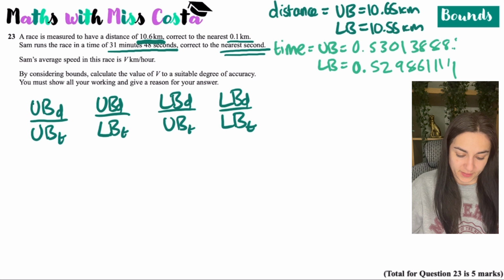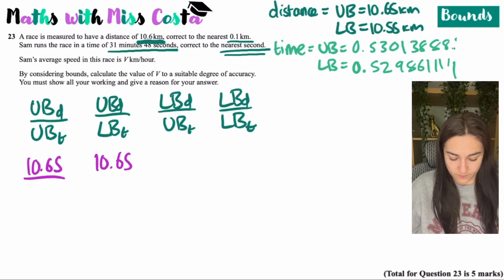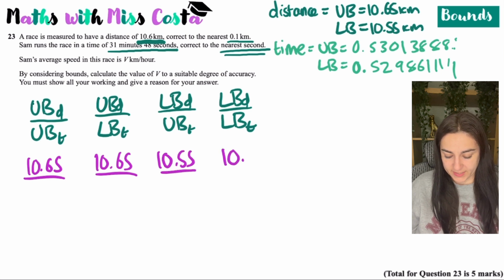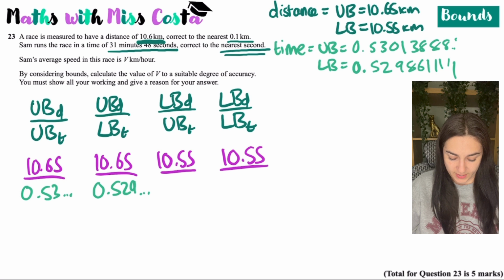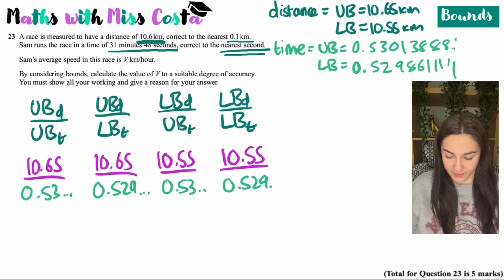So let's just plug those values in. That would be 10.65 and then 10.55. I'm just writing out the distance first. Over the upper bound, 0.53, the lower bound, 0.529, the upper bound, 0.53, and the lower bound, 0.529.